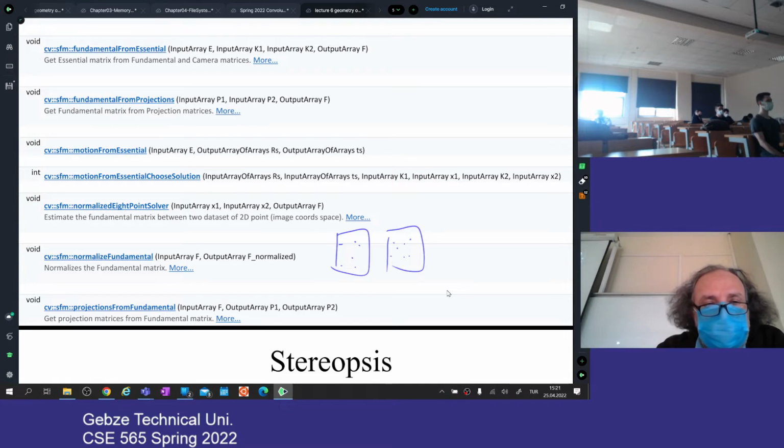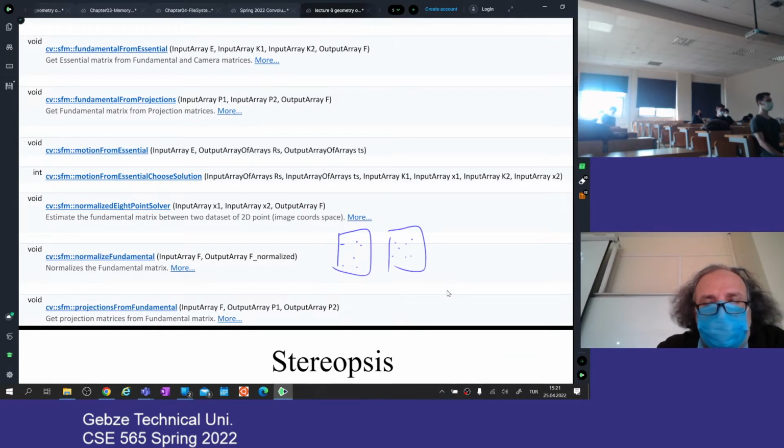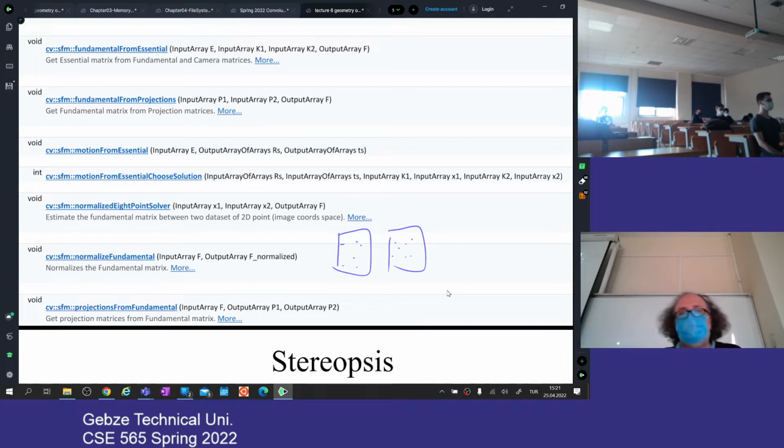And projections from the fundamental matrix is just doing the opposite of fundamental from projections. So OpenCV supports this fundamental matrix idea using many functions. Any questions so far?